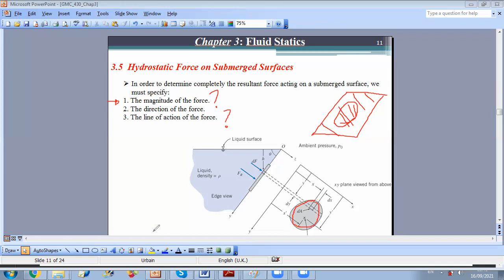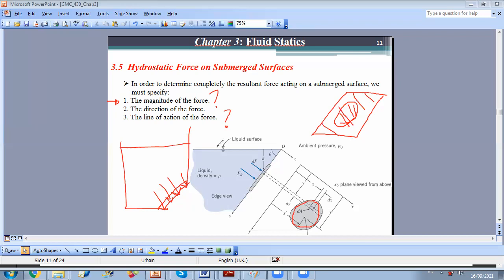Okay, another example: I can give you a water reservoir and I have a certain gate at the bottom of the reservoir and I want to find the force exerted by water on this surface. Okay, in this way I am interested in a certain part, not the whole part.